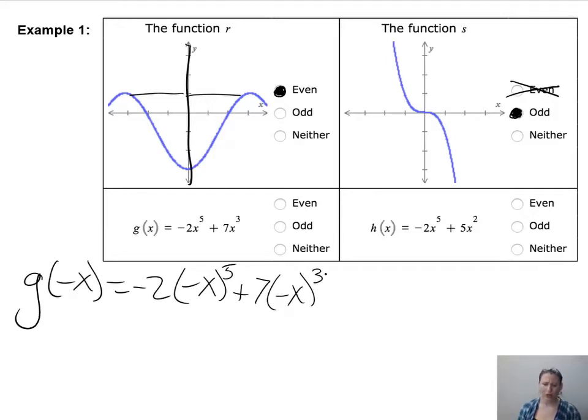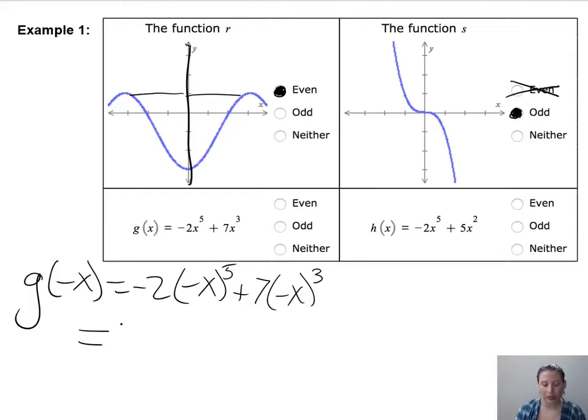Okay, so negatives to odd exponents come out, because you can multiply something negative 5 times or 3 times together and it's still negative. So that means this is equal to negative 2 times negative, the negative 1 just comes out of the exponent.